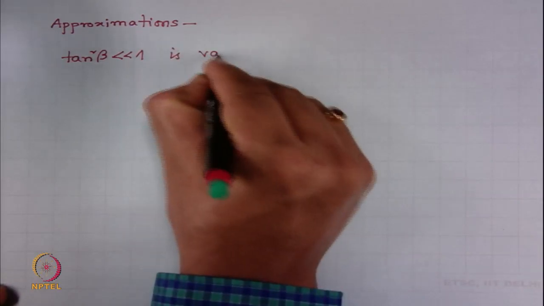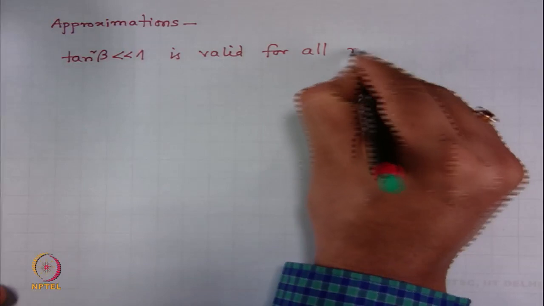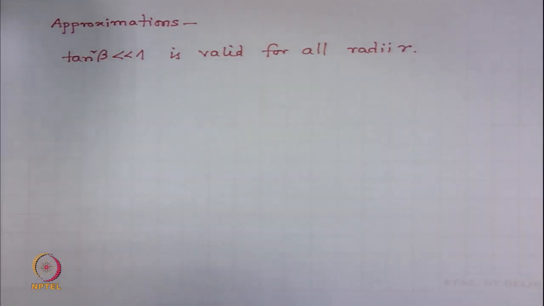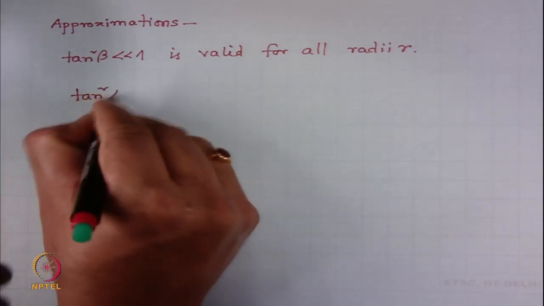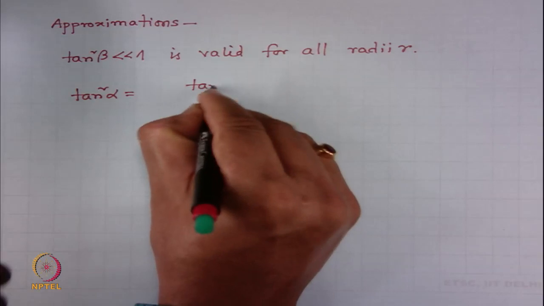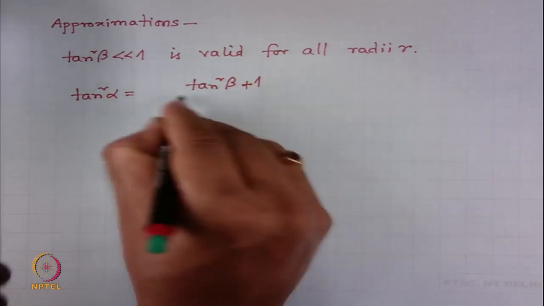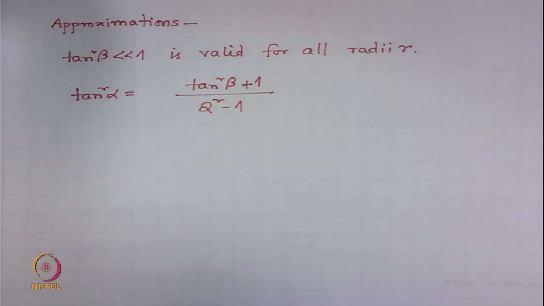In this case we will consider the same, that is, tan square beta is much less than 1 is valid for all radii r. So, what will become? Tan square alpha is tan square beta plus 1 over q square minus 1.